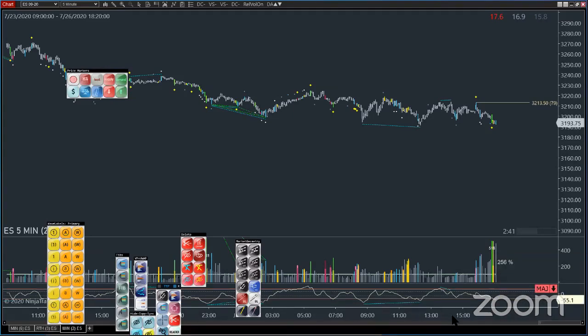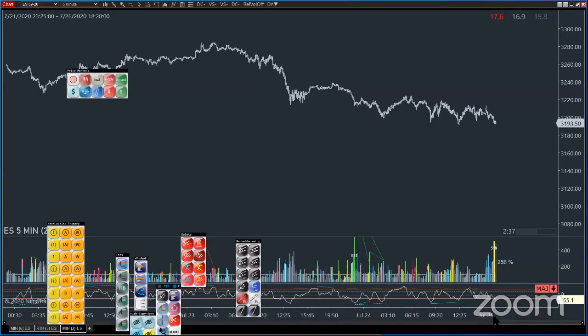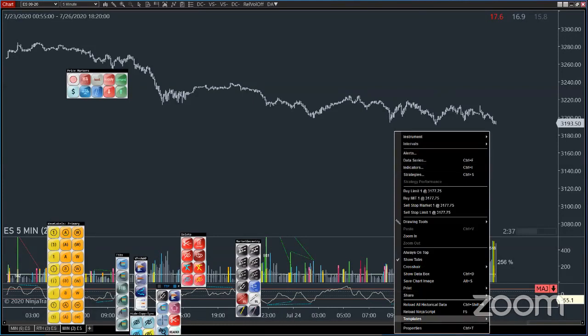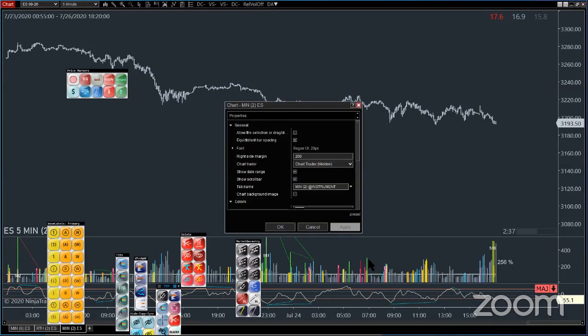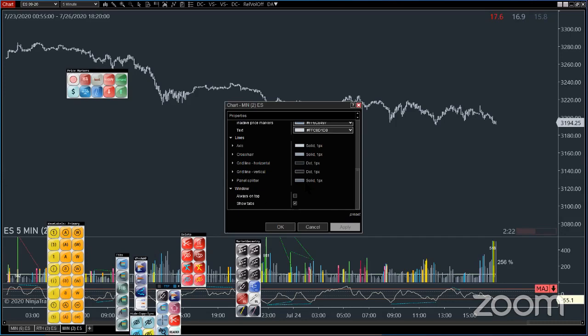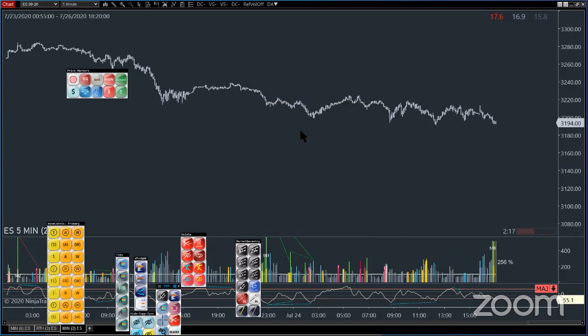Some pretty significant relative volume coming in there. This must be a really old chart template because it should not be doing this. It's like it's centering the data.